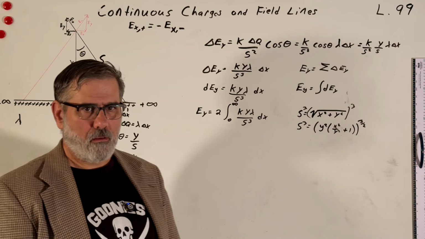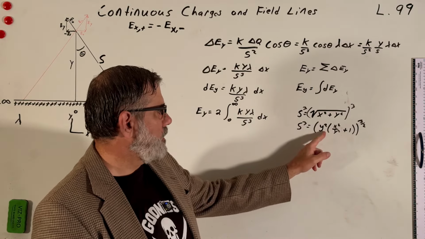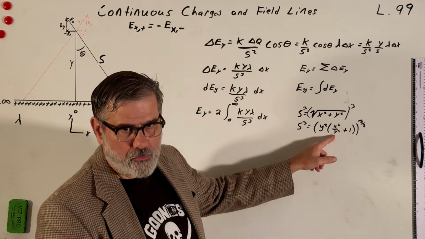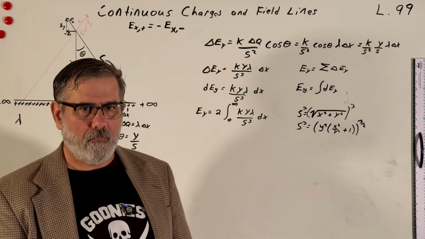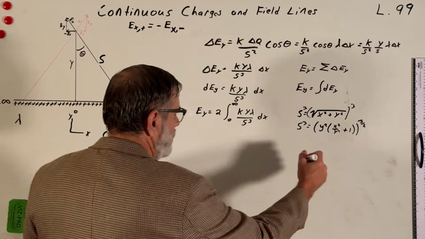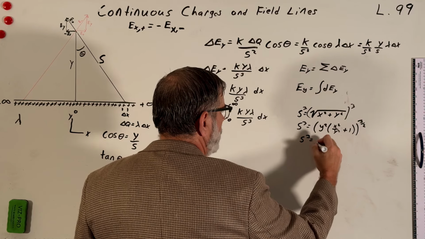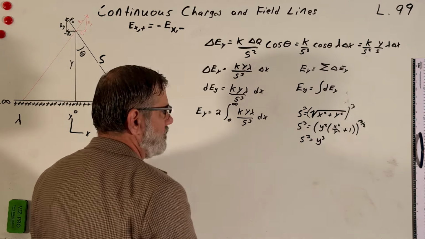Does that make sense? Yeah? And what I've done is I've factored out the y squared, right? So if I multiply it through by this, that'd be y squared times x squared over y squared would just be x squared, plus 1 times y squared would just be y squared, so I get x squared plus y squared back, yeah? Okay. But of course, this is y squared, and the square root of that is just y, so I can write s cubed is equal to y cubed, right?